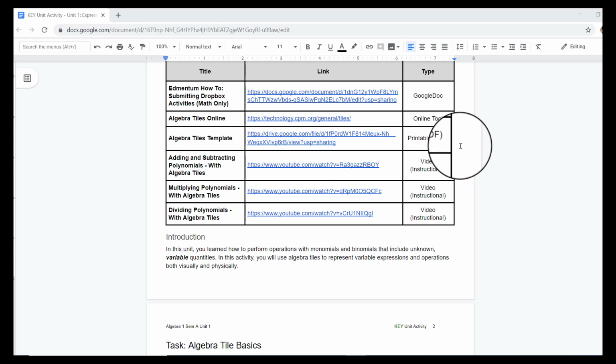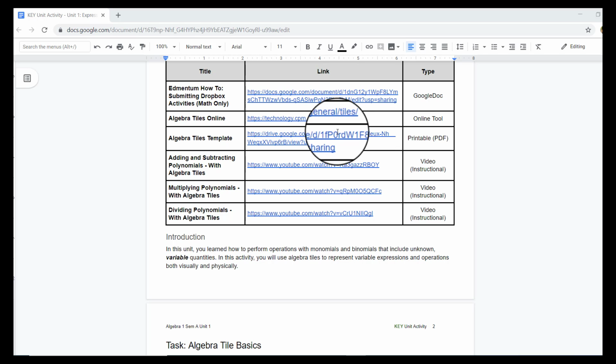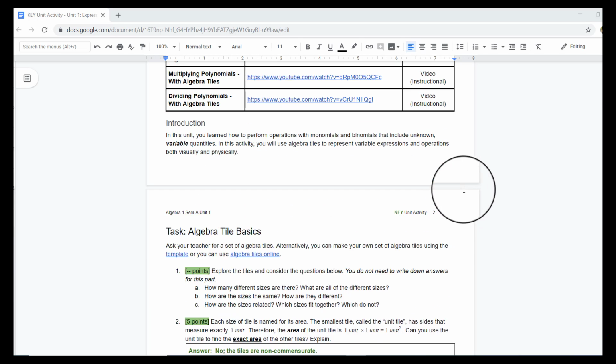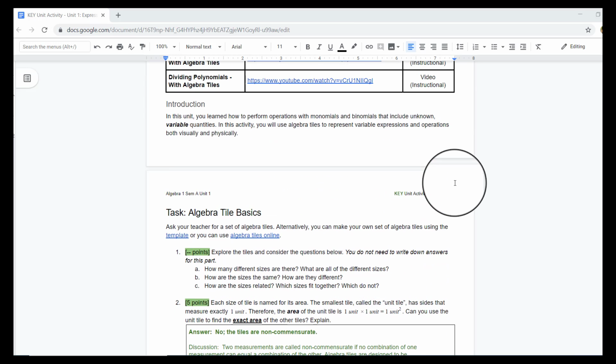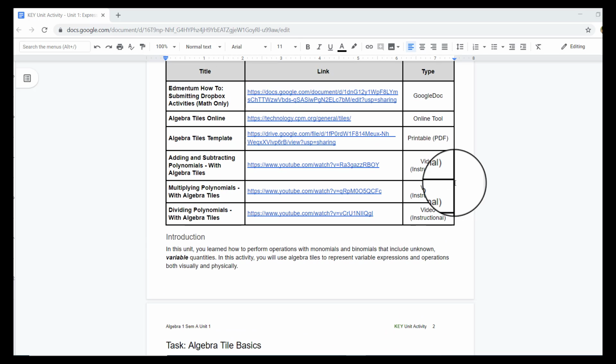Our recommendation for these Dropbox activities is to have the students print these out, keep their computer screen open to these unit activities so that they may refer back to these links if necessary. Once they have completed their unit activity, they would then submit it to the teacher for grading and follow the directions on how to scan the document in or ask the teacher how to scan this document in.